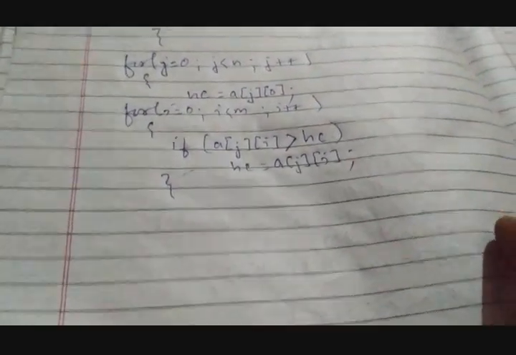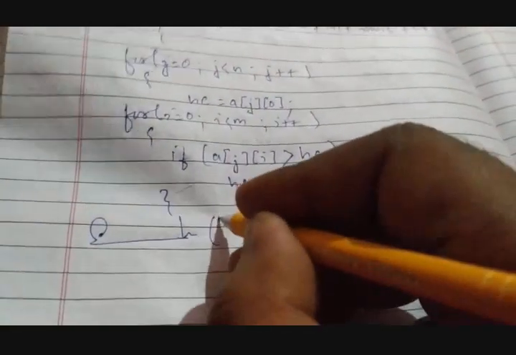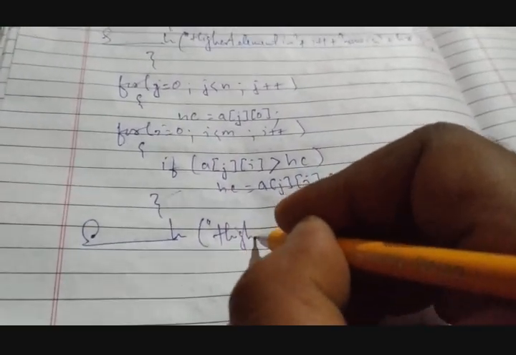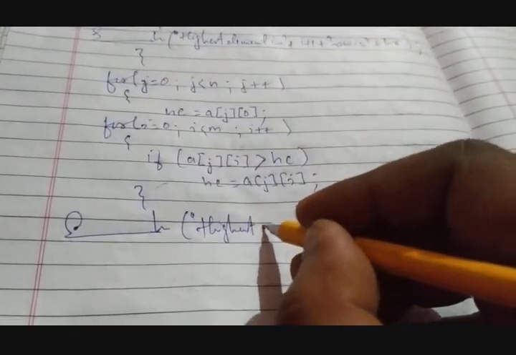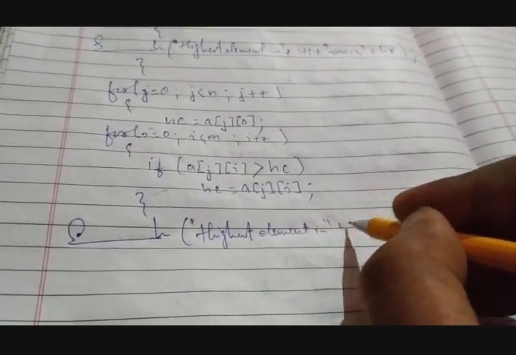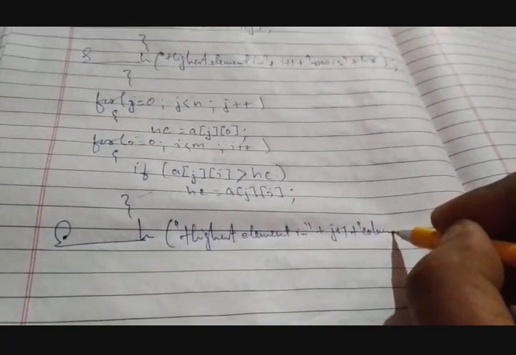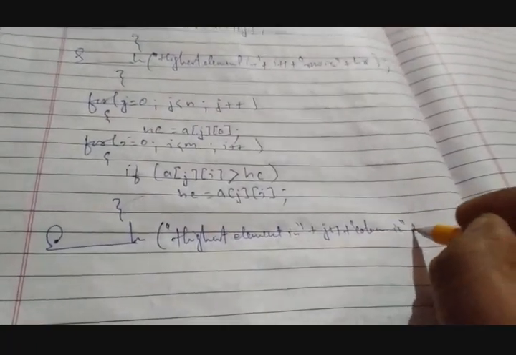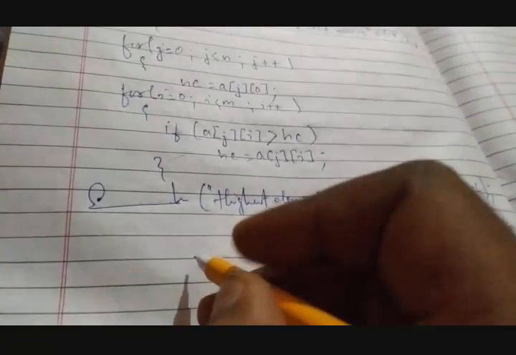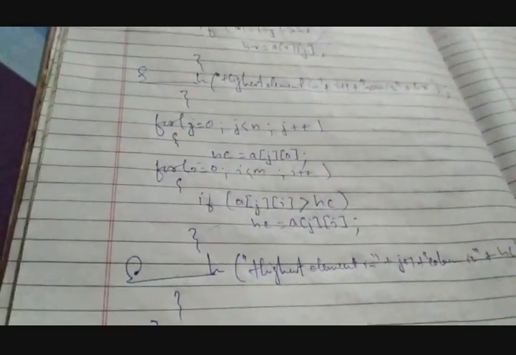Close. Now print it: highest element in column j plus 1 plus column is plus HC. Close the main, close the class.